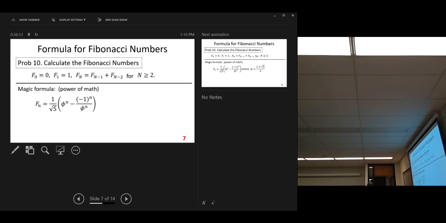Do you want to see why it is correct? How do you know this formula is correct? Or how do you prove it? In math, if we already know something and want to verify it is correct, how do we do it? Could you substitute it?